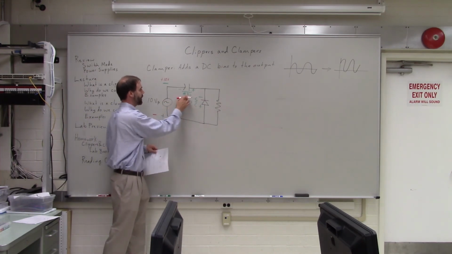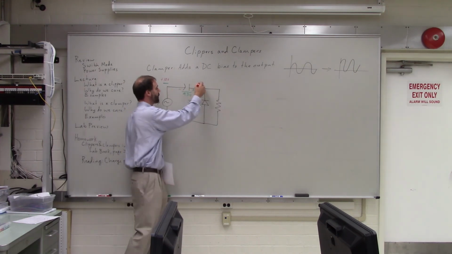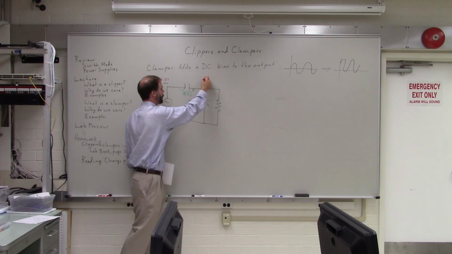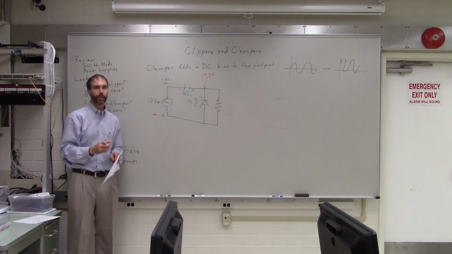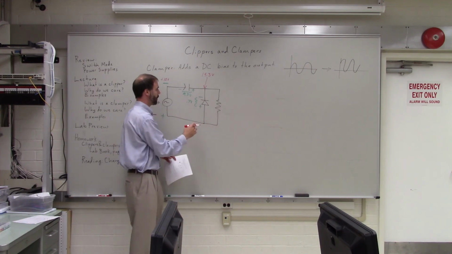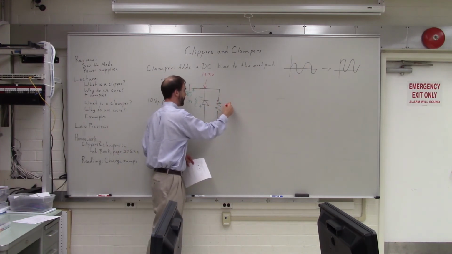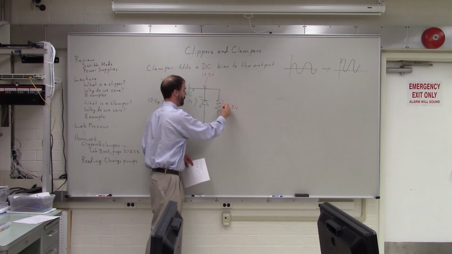So it basically stays at 9.3 volts. So you start at 10 volts here and you go up by 9.3. So what voltage do you have right there? 19.3 volts right there. Okay, and then this is ground. So in that case, we have 19.3 volts across the load.